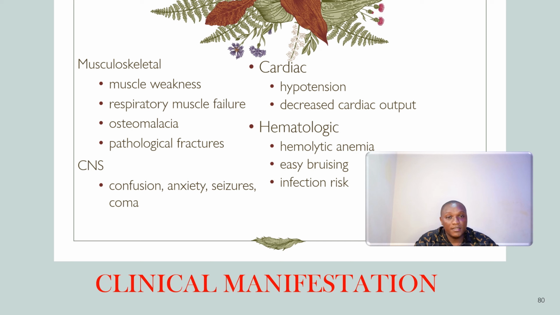In the CNS, central nervous system, we have confusion, anxiety, seizures, and coma. Cardiac, there is hypotension, decreased cardiac output. And hematologic, the patient is prone to hemolytic anemia, easy bruising, and infection risk.